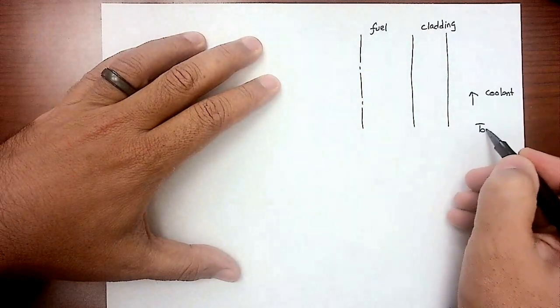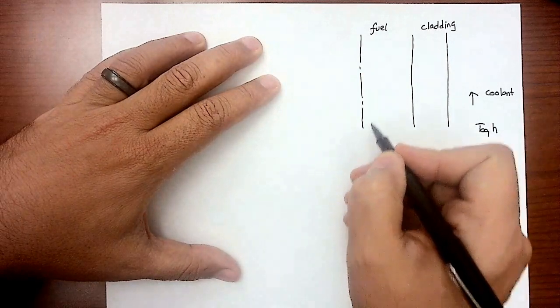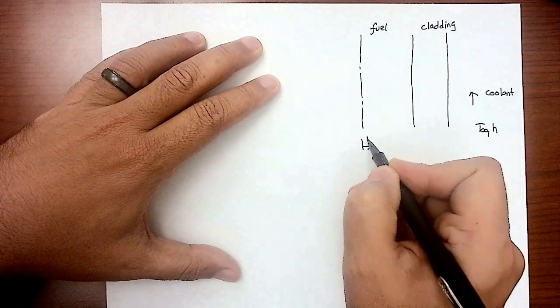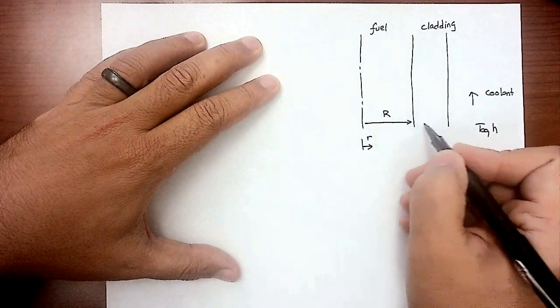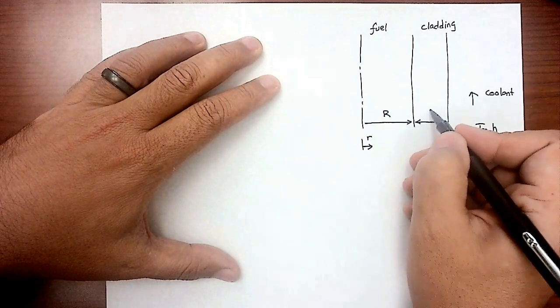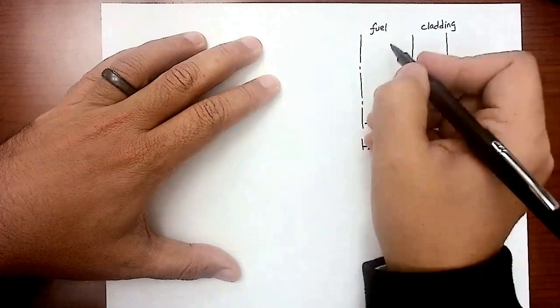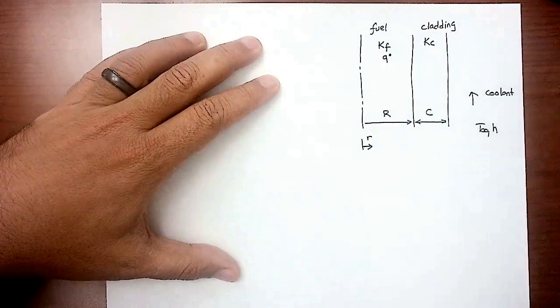So this is T infinity and H. That's the coolant. This is R. This is R capital. I'm going to call the thickness here the cladding thickness. This is K fuel. This is K cladding. There is heat generation here.